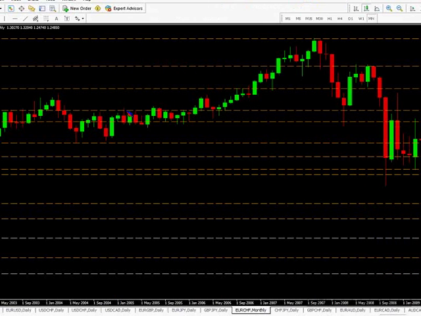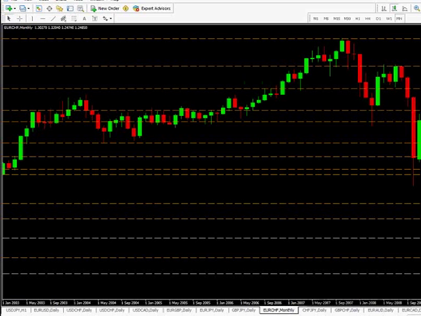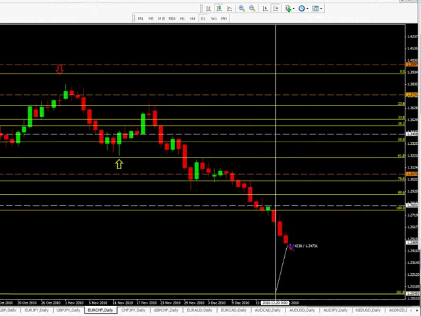So I draw from this high all the way to that low, and I'd see that we've got the 161 all the way down here at 120.49, so that's like 420 pips away. That's crazy.